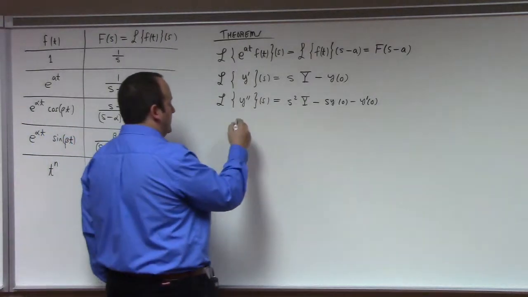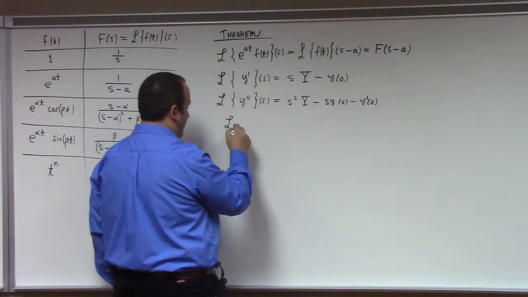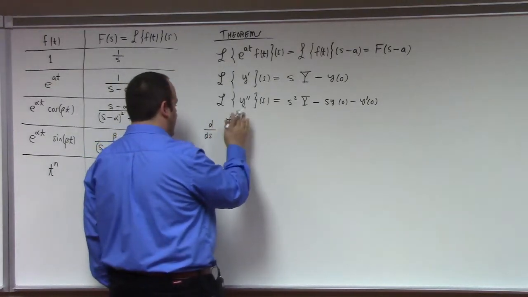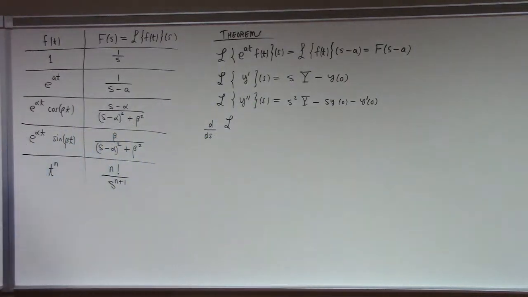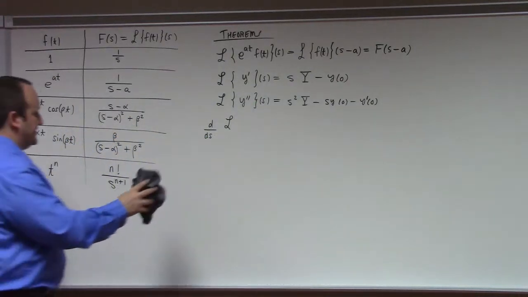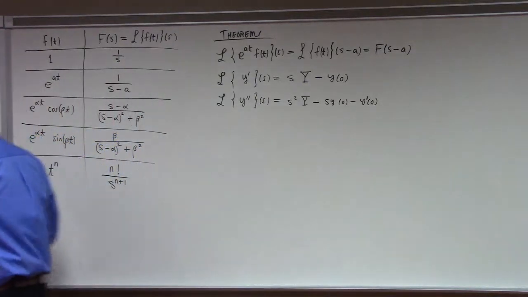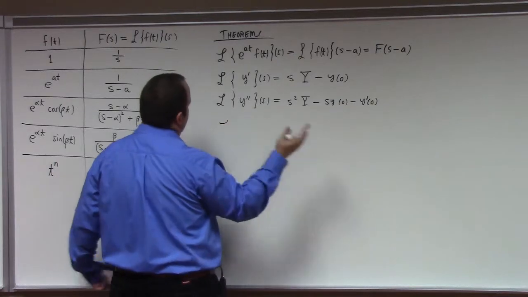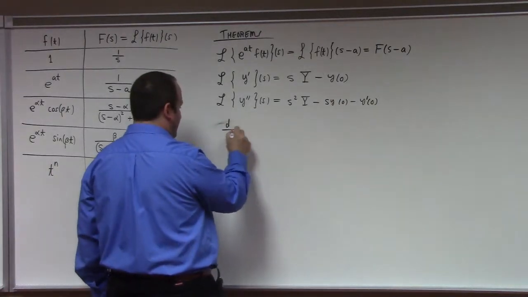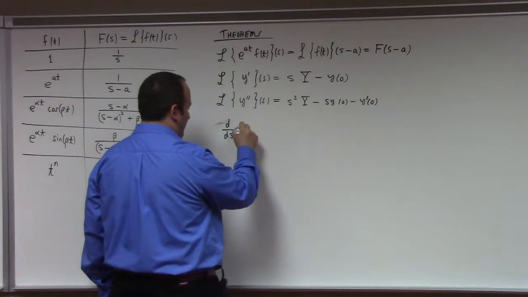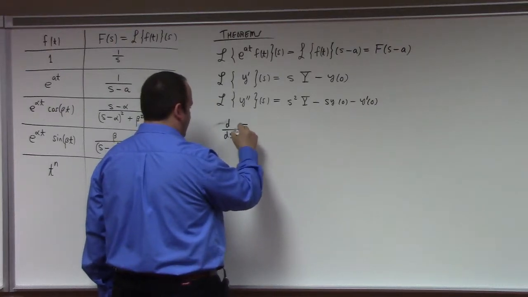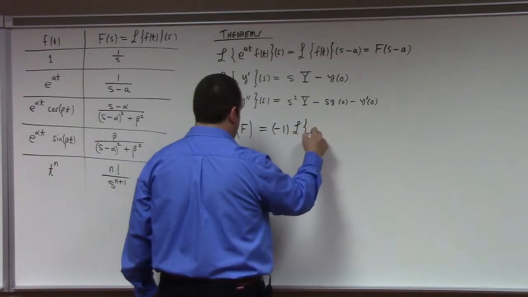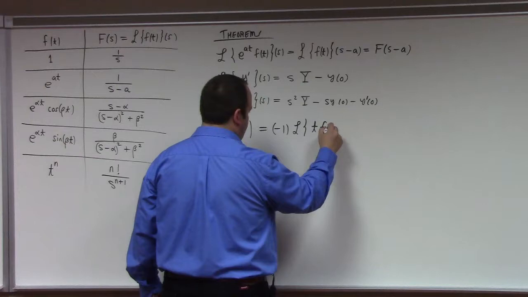And then we also proved the derivative of the Laplace transform. I'm not liking my notation. I'm going to use big F for the Laplace transform here because it's more fun. So d/ds of F was equal to minus 1 times the Laplace transform of t times f.